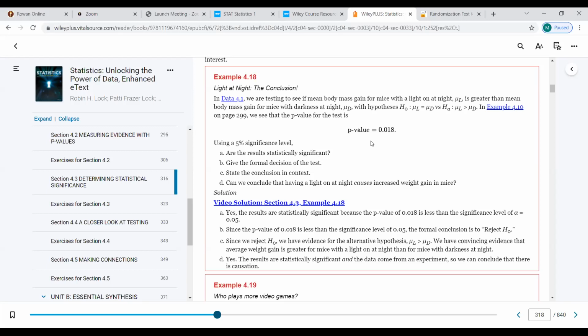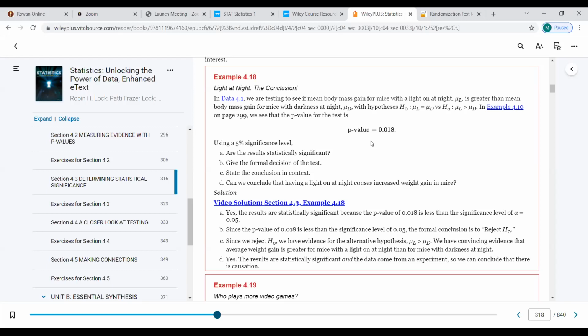Now, sometimes the p-value, like in the case we saw earlier with the four-digit numbers, we saw the p-value is 0.001. That's a reject in every case, because nobody chooses an alpha less than 1%. I can guarantee that. 1% is typically the lowest alpha that a researcher will choose.